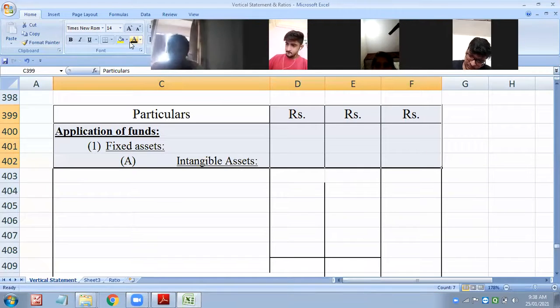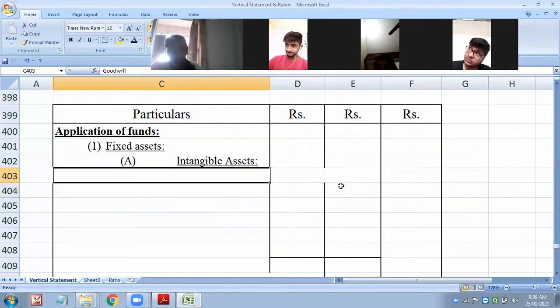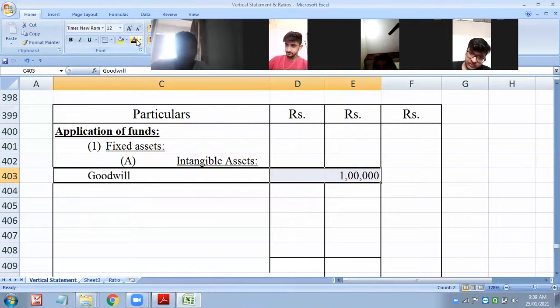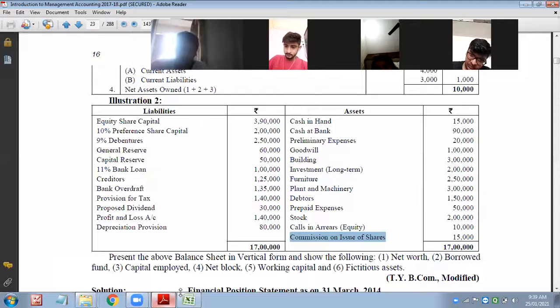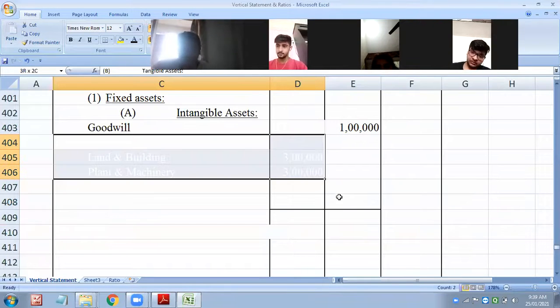So in application of fund, we have intangible asset. We have only one intangible asset with us, that is goodwill. Only one intangible asset. Remaining all are tangible assets. So remaining all tangible we will write with depreciation.